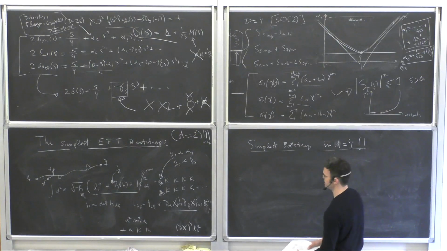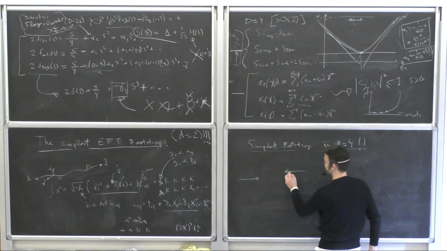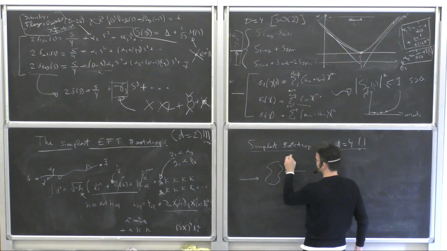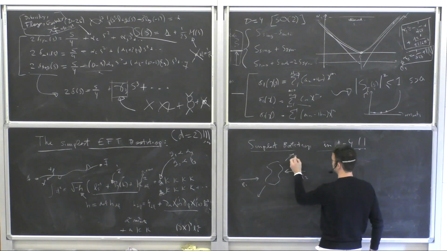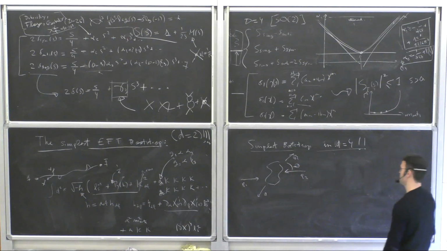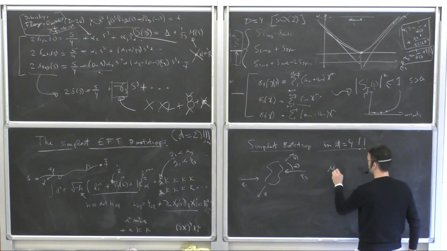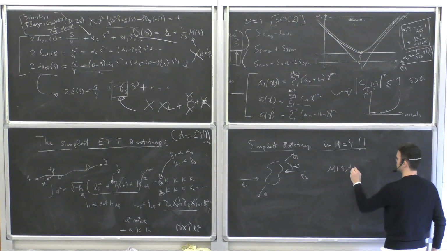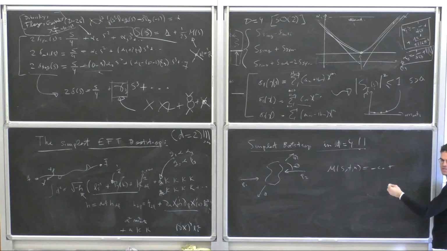Now we may look again at our favorite EFT that has been appearing again and again, and we look at the elastic scattering, P1, P2, P3, P4. Okay? And now, as we showed, we could parameterize this amplitude by some Taylor series around the analytic region, no?